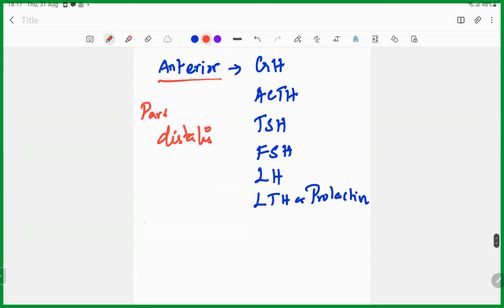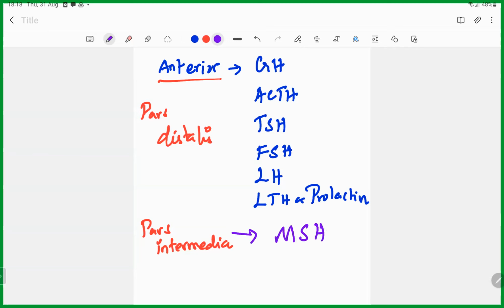And the anterior pituitary will have another region called pars intermedia.